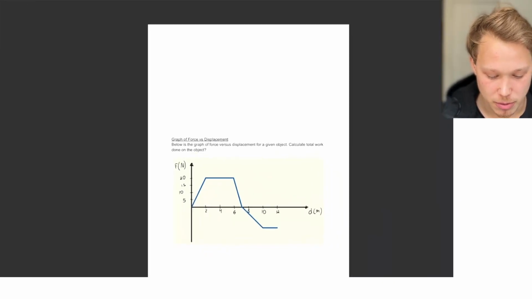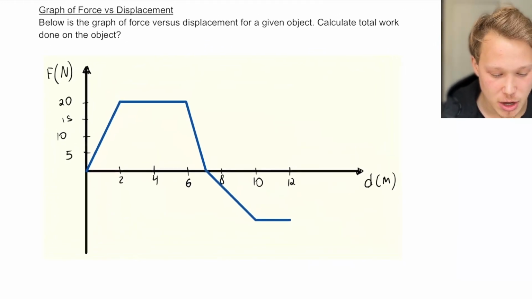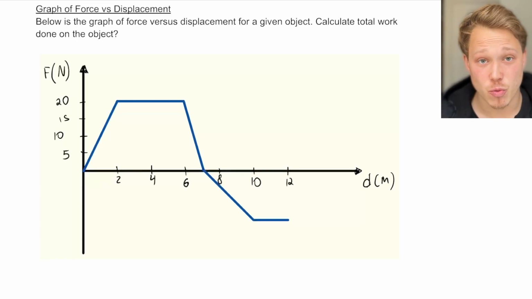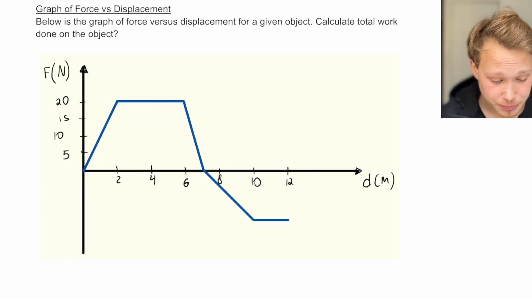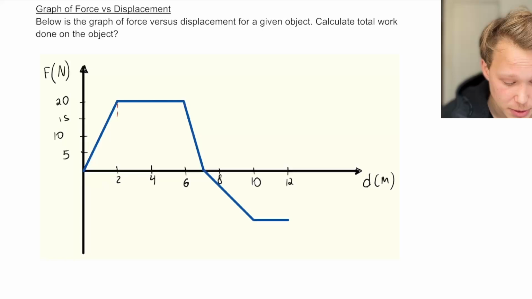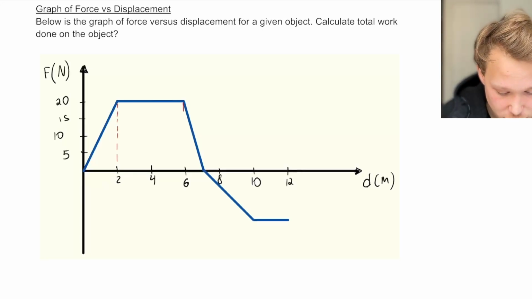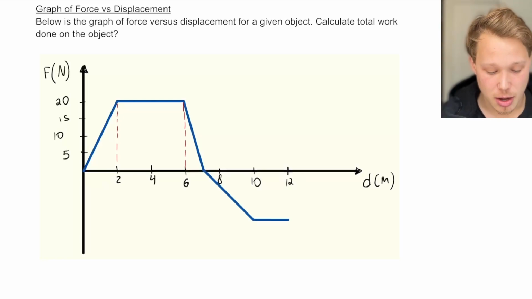So in this problem, we'll need to find out the total work done on the object, right? And we're given a graph of force versus displacement. So of course, what we need to do is break down this whole graph into pieces, essentially triangles and rectangles. So we're going to turn it into just a geometry problem.